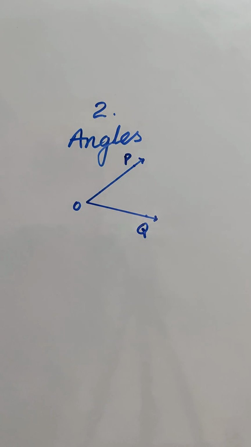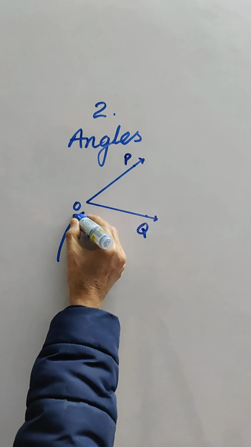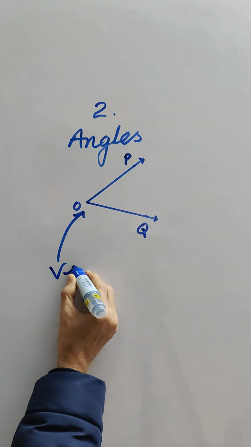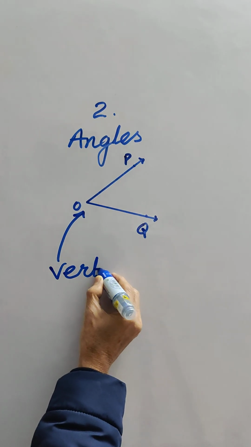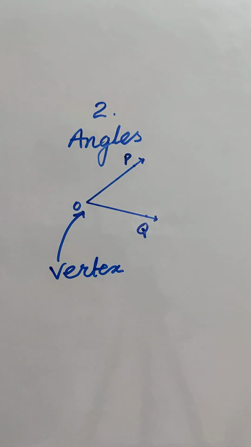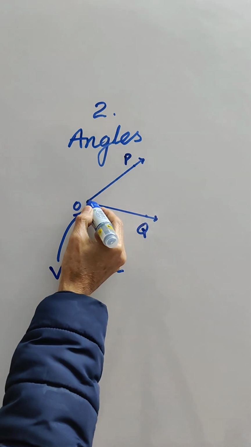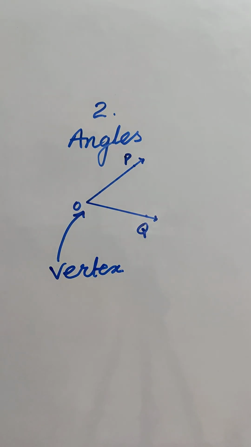Here O is the initial point, which is called the vertex. There are two rays which are initiating from point O. The ray OP is called an arm and ray OQ is also called an arm of the angle.